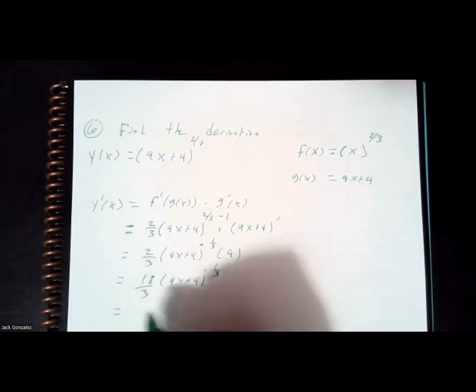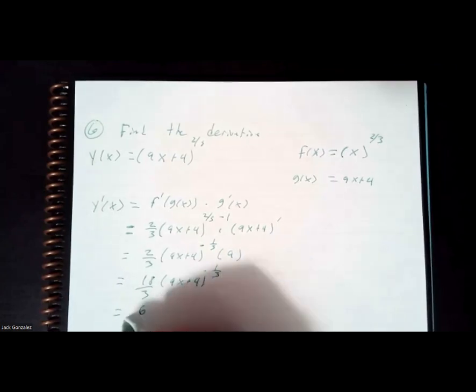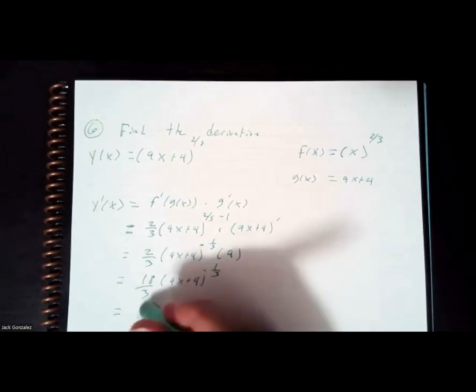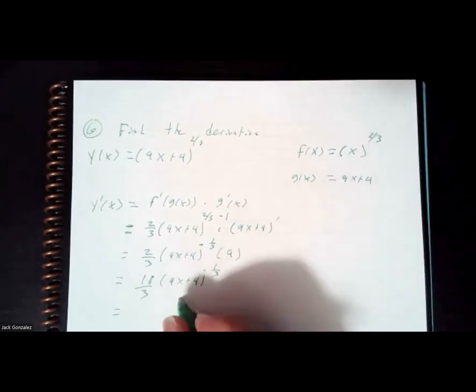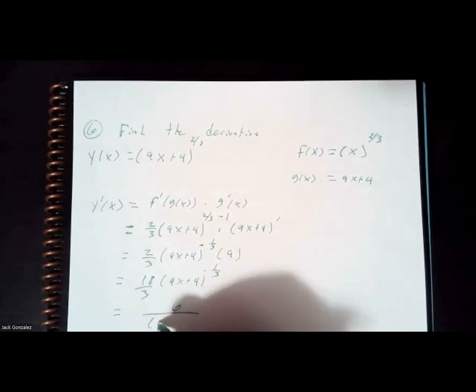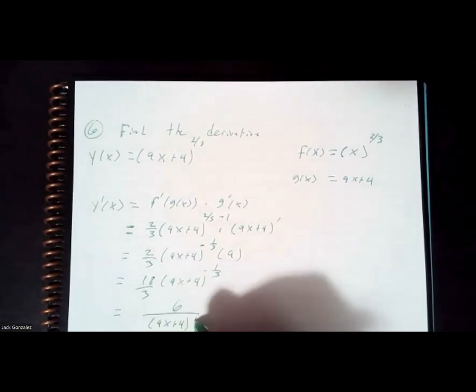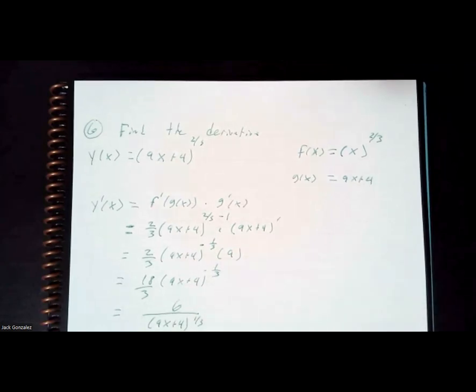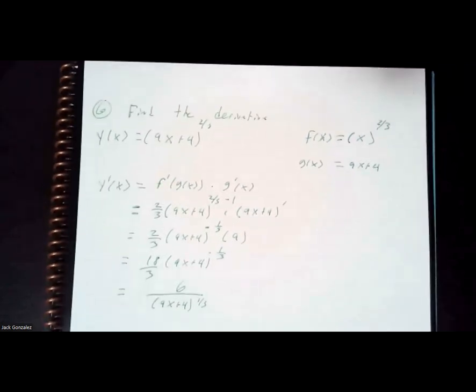That will be 6 over (9x plus 4) to the 1/3. Are there any questions about these first two examples?